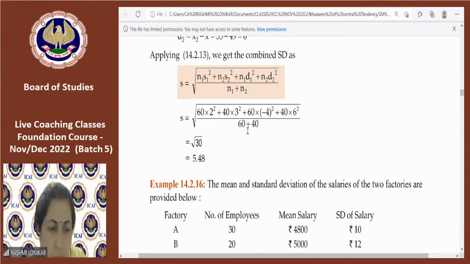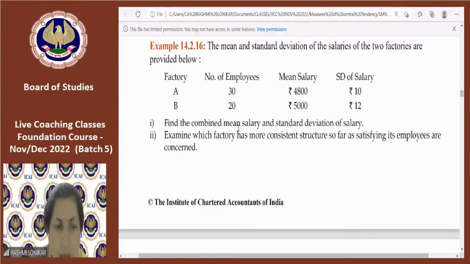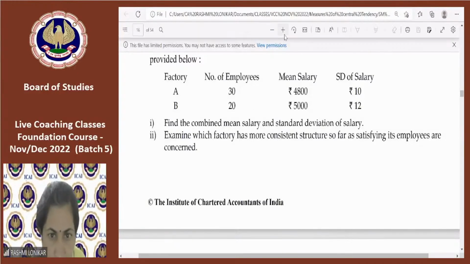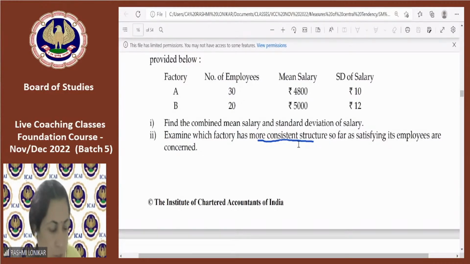So this is question number 14.2.15. 14.2.16 is similar. Here we have to find the combined mean salary, and we have to find which is more consistent. So what does consistency mean?